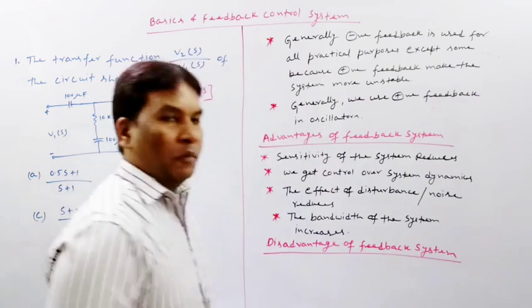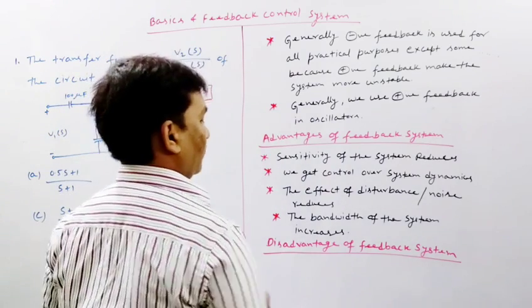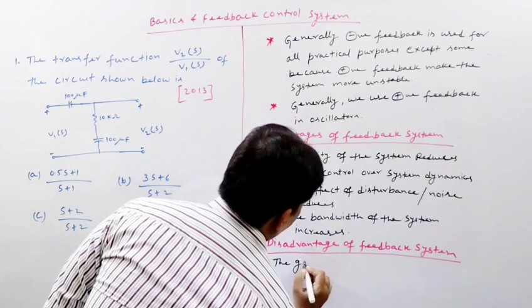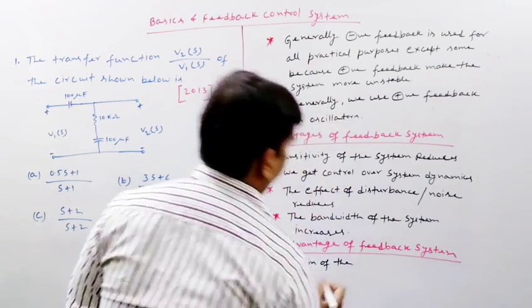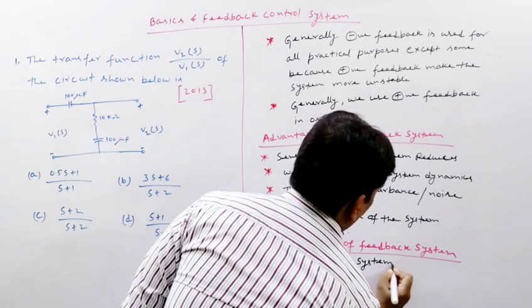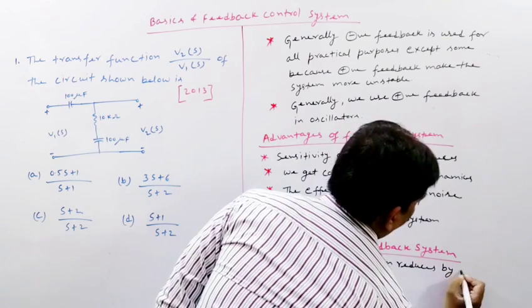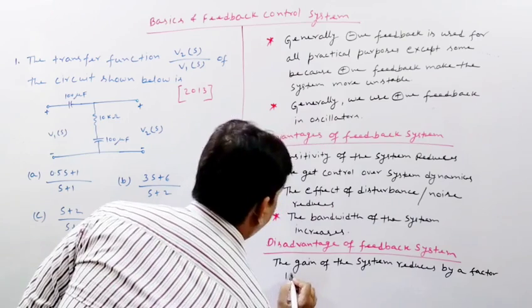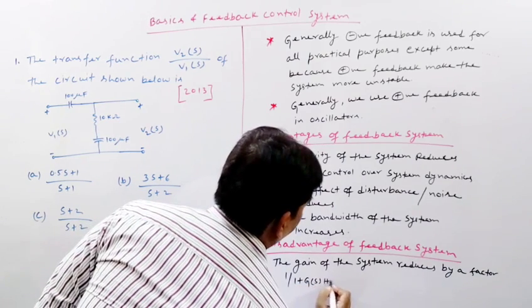The gain of the system reduces by a factor 1 by 1 plus G(s) multiplied by H(s).